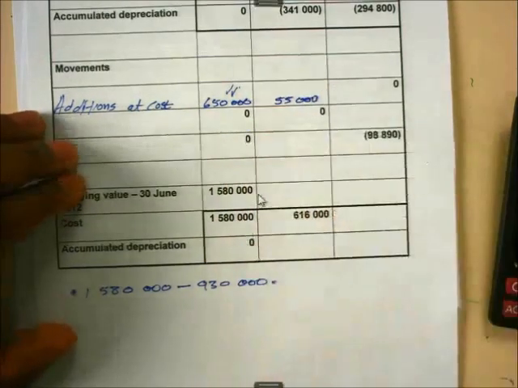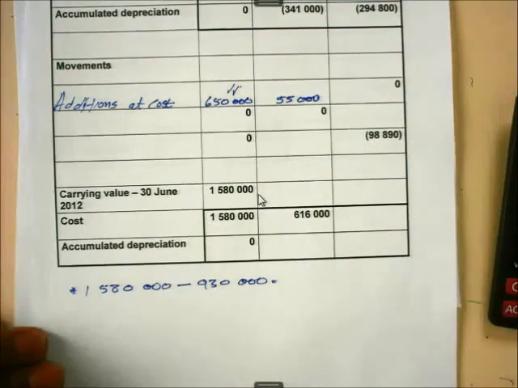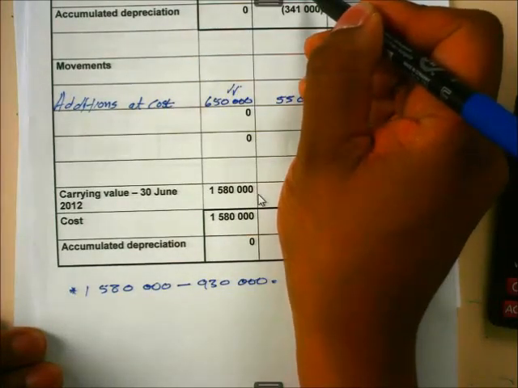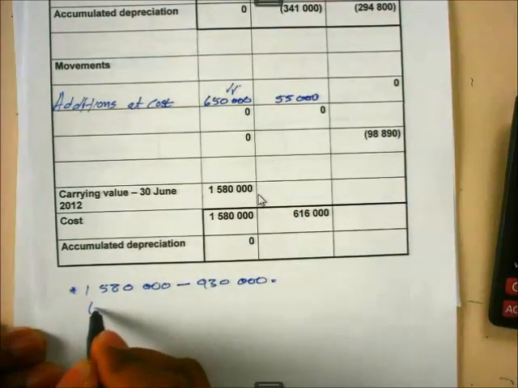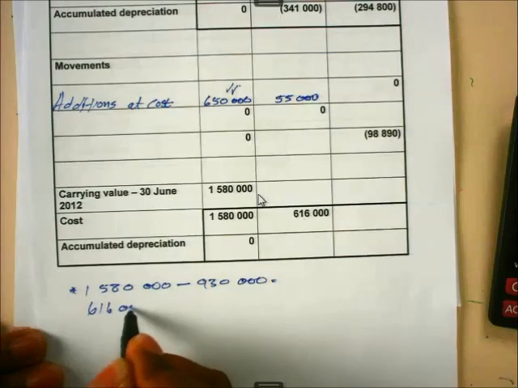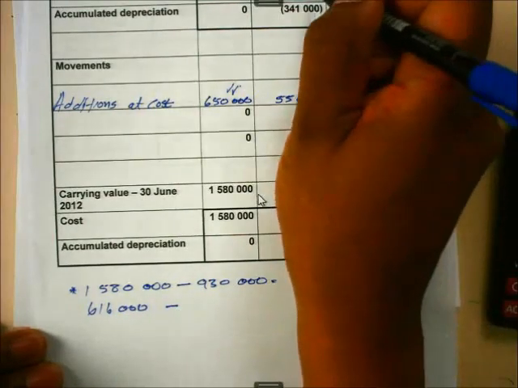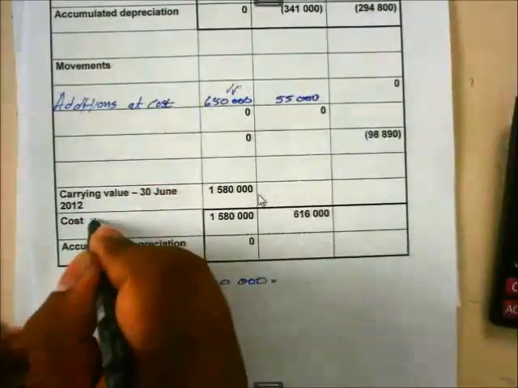55,000. Alternatively, if the amount was not given, you will still be able to calculate that amount. You would take your equipment at the end of the year, which is 616,000, and you will subtract equipment. Remember, I'm using cost.